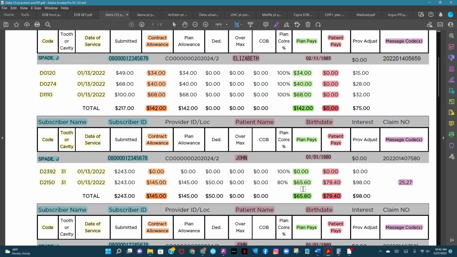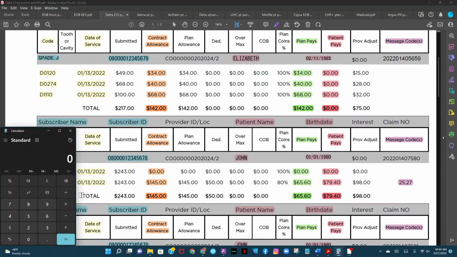And looking over here at what insurance paid and what the patient paid, what I like to do in instances when you're unsure, if you want to verify that the amounts are correct or that you have highlighted the correct column for the fees, you can always take what insurance paid, which is $65.60, plus what the patient owes, which is $79.40, and that should equal the total contract allowance.